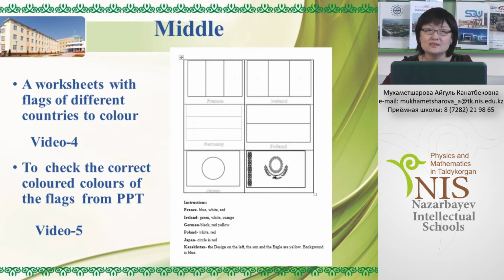Some students understand it very quickly, but some not. Some students ask me for help, or sometimes ask about the colors, and after hearing my speech, they understood, because some of them, as I told before, cannot read yet. So let us watch video number 4.